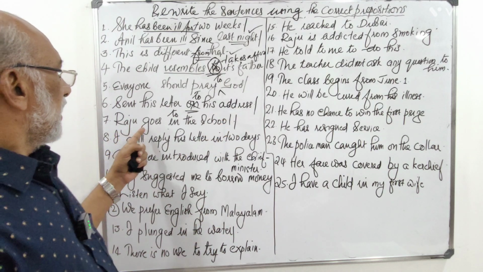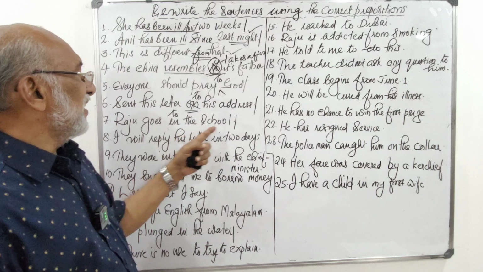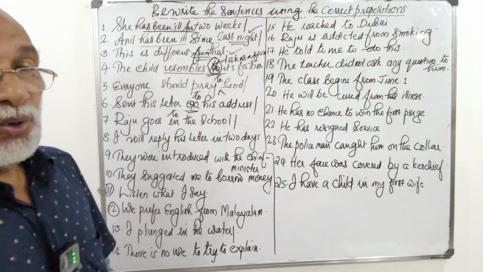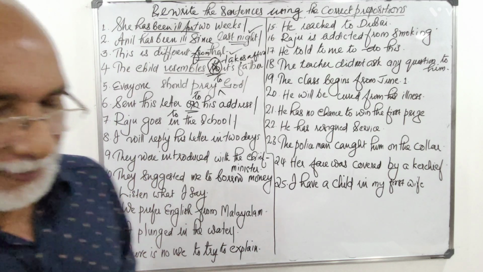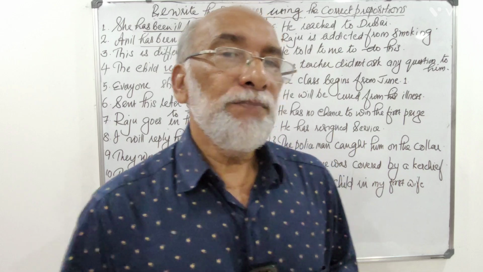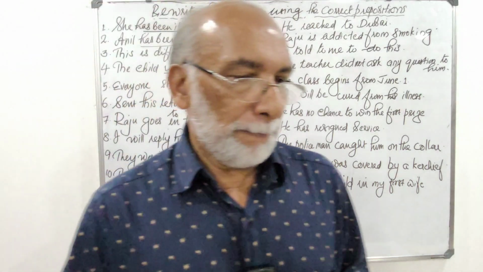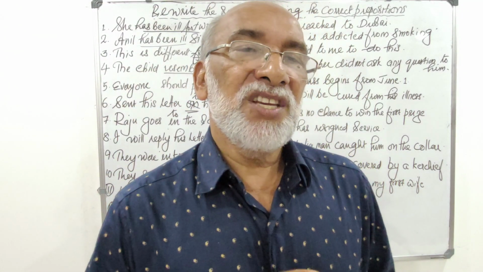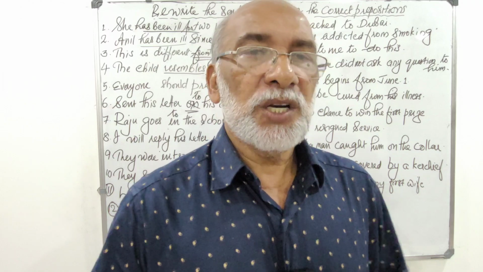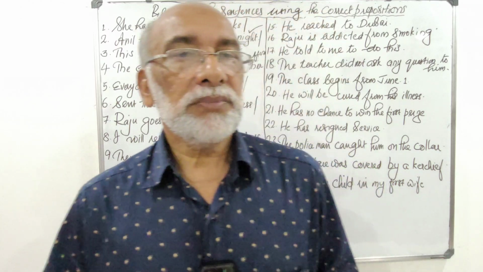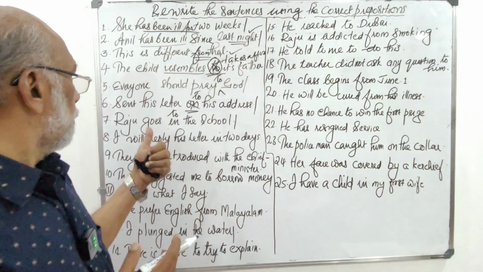Seventh one, Raju goes in the school. Here, I think you need an explanation. When you speak about the primary purpose of an institution, maybe a hospital or a school, whatever it is, here in the case of this sentence, it is school.